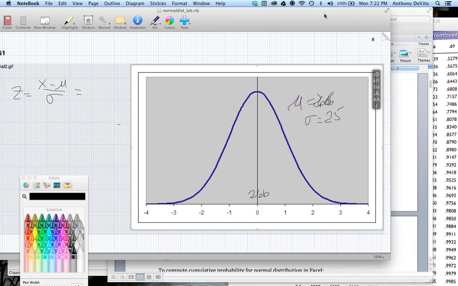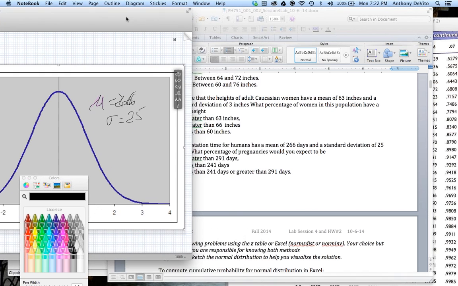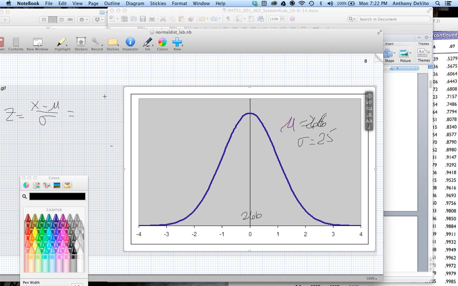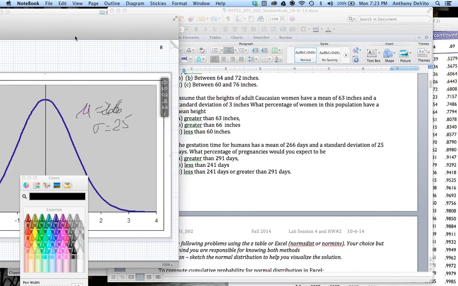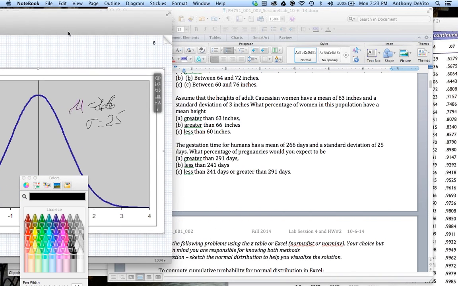The value that we're interested in, which was 291 days. 291 days minus 266 over the standard deviation, which is 25. That's 25 over 25, or 1 standard deviation. And the question is asking what percentage are below that or above that?